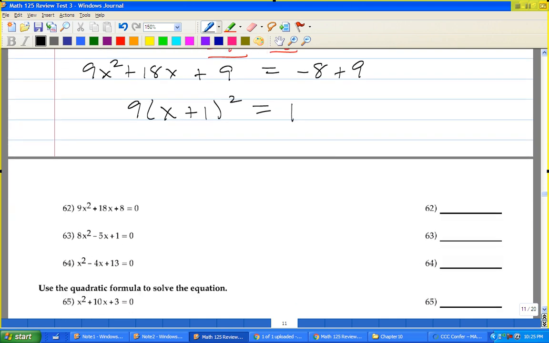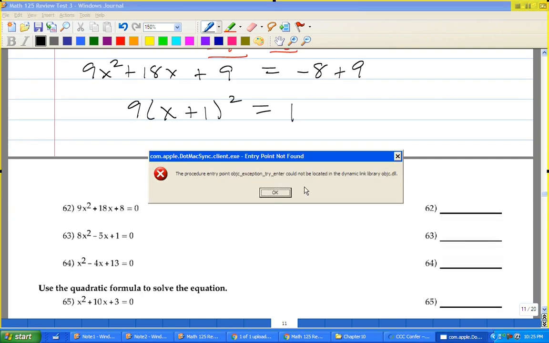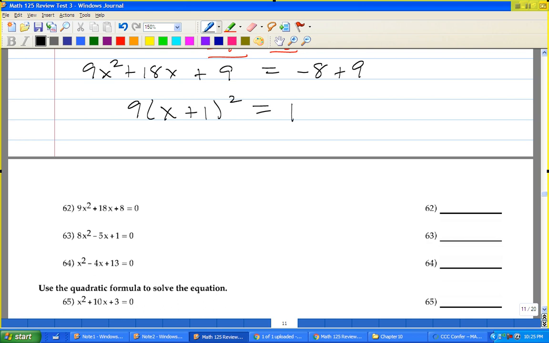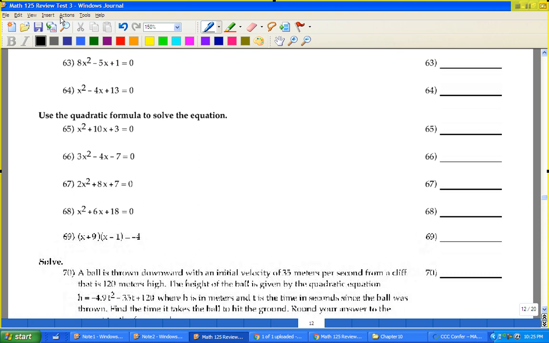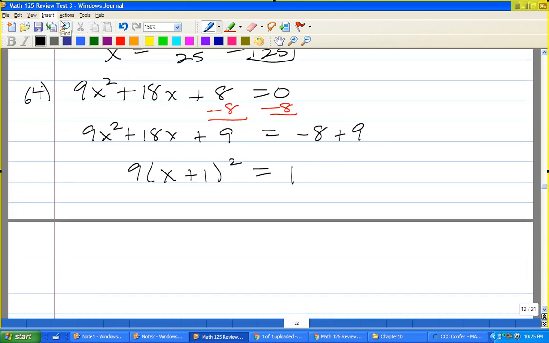Okay. Divide both sides of your equation by 9. And so I get x plus 1 squared is 1/9.